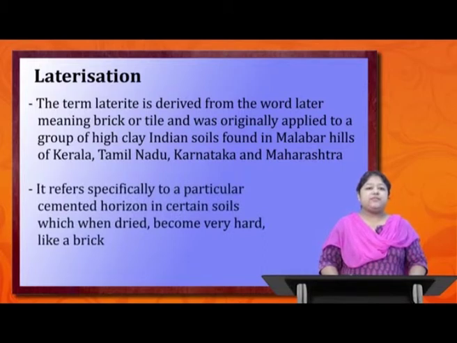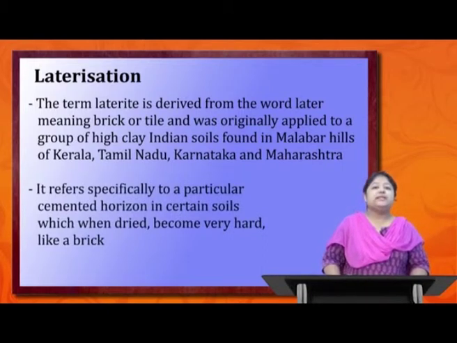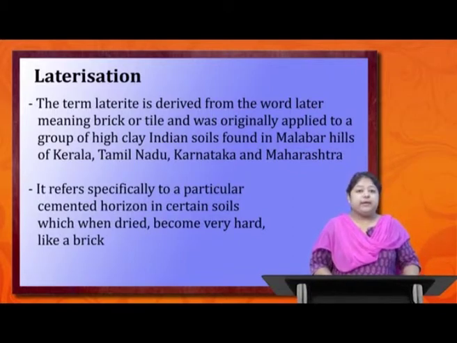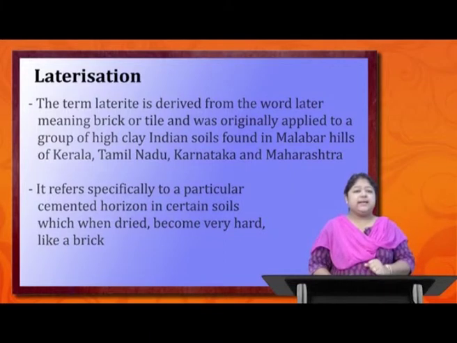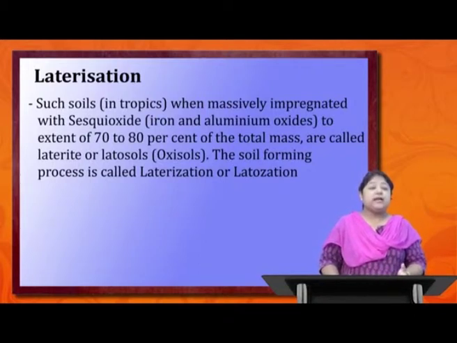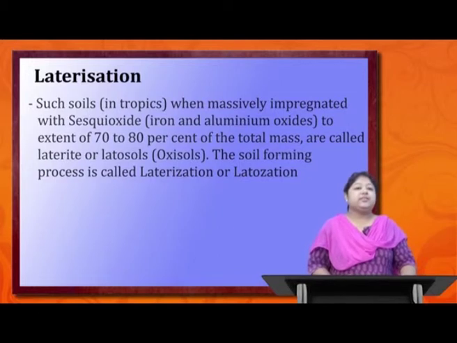Now, it refers specifically to a particular cemented horizon in certain soils which has dried and become very hard like a brick. These soils are massively impregnated with sesquioxides and iron oxides, and they are also called laterite soils and oxisols. So, this process is known as laterization.